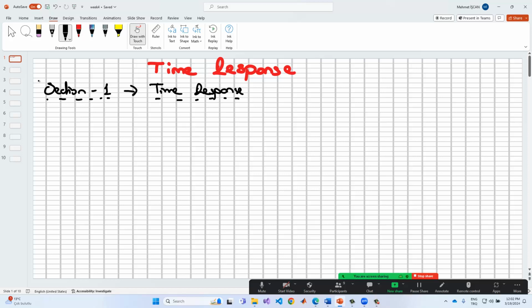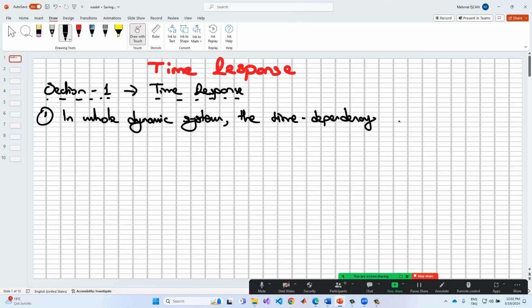Okay, and so firstly we need to write that in a whole dynamic system, the time dependency determines the responses of its states or outputs.